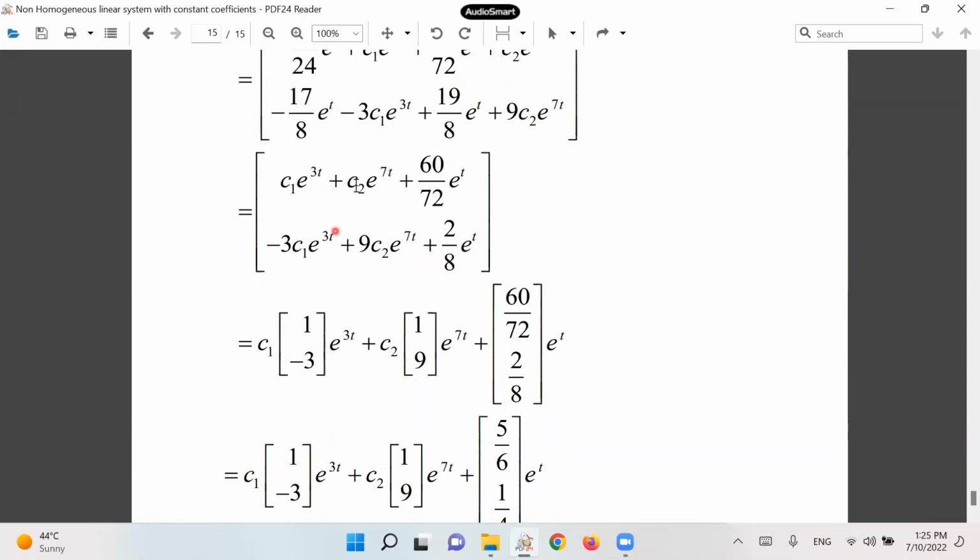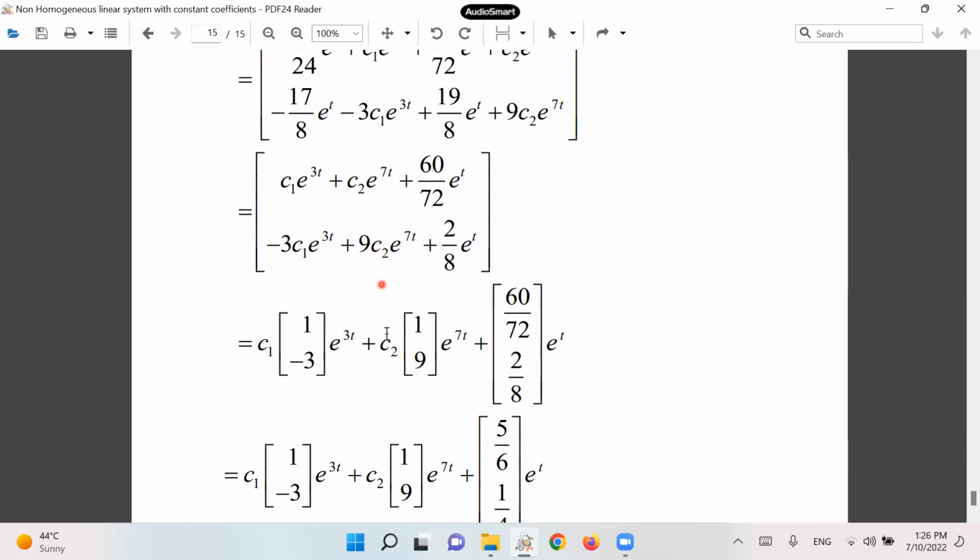After that, we can write this whole matrix in this form also. The first terms have c1 common, and e power 3t is also the same, so you can write e power 3t here, and the others are the coefficients. The coefficient of this is 1, and the coefficient of the second term is minus 3, plus c2.